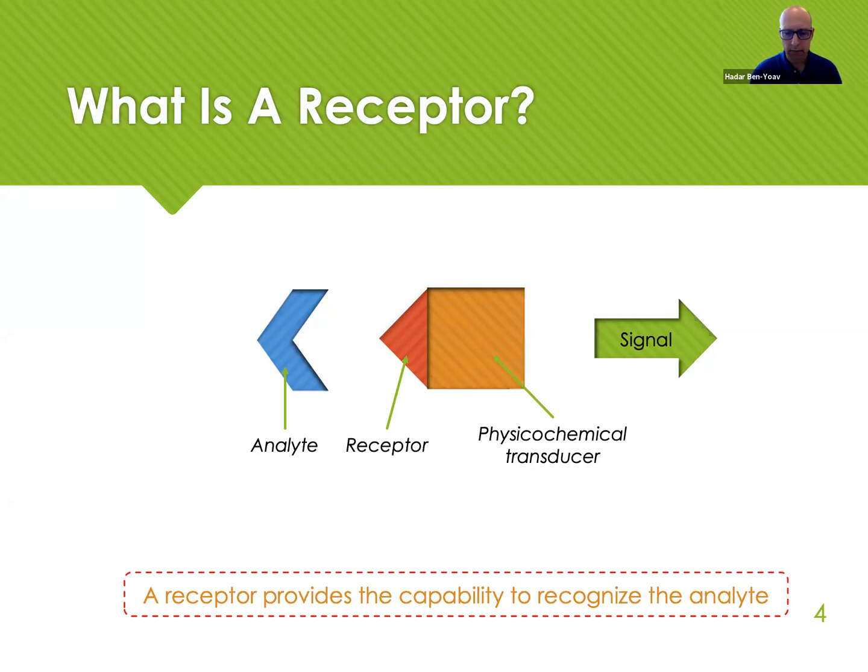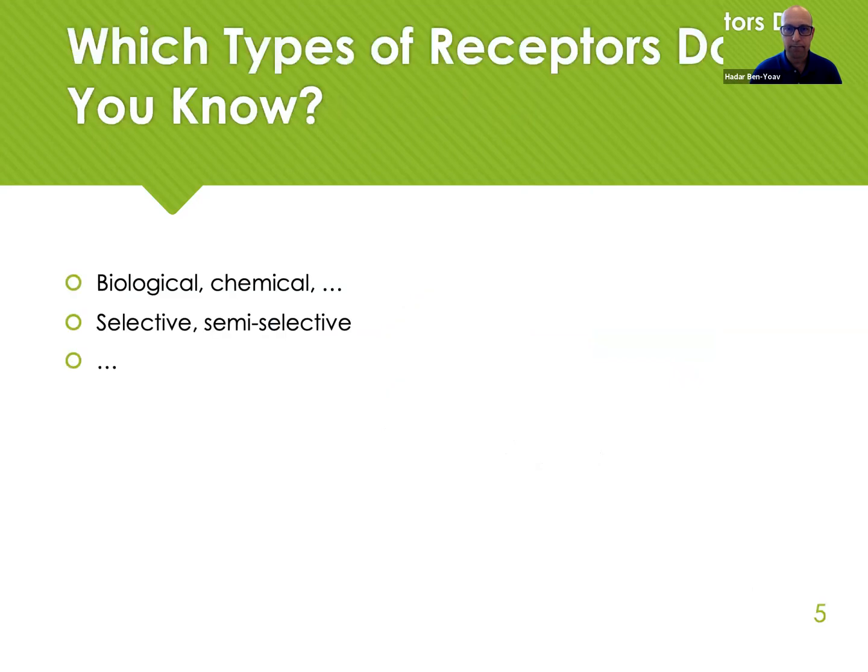Okay. Now, which types of receptors do you know? Receptors that provide the selectivity could be biological in nature, such as antibodies or enzymes, or chemical, such as synthesized molecules that provide electrocatalytic activity.